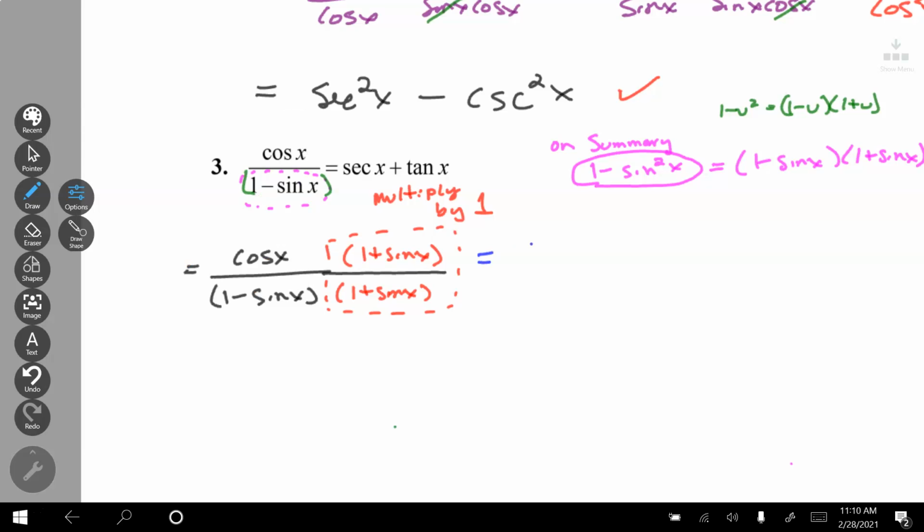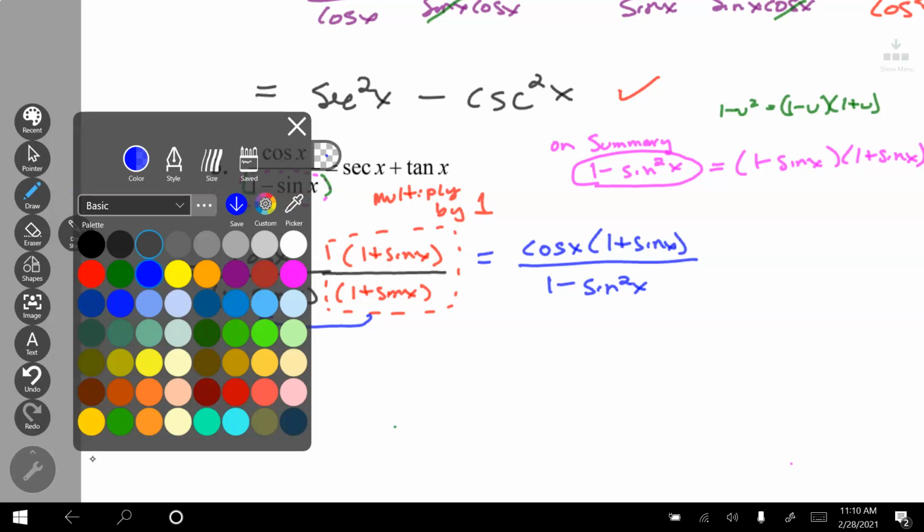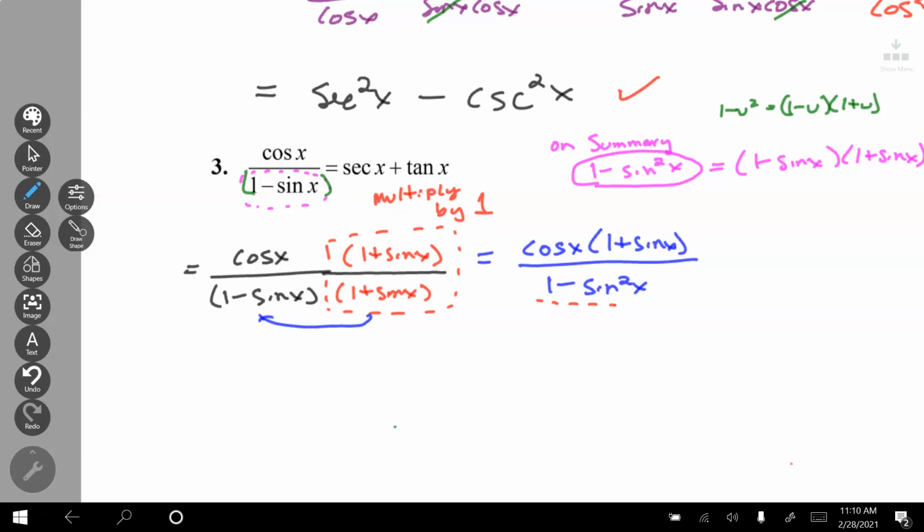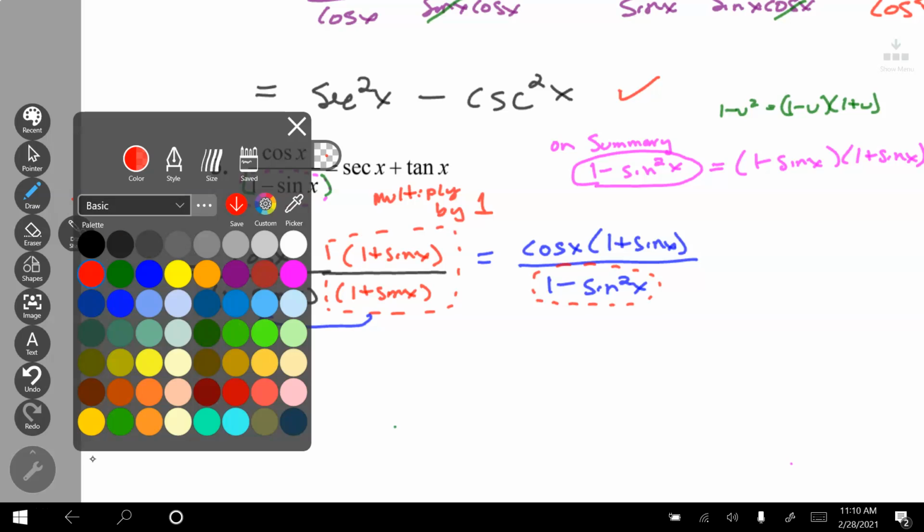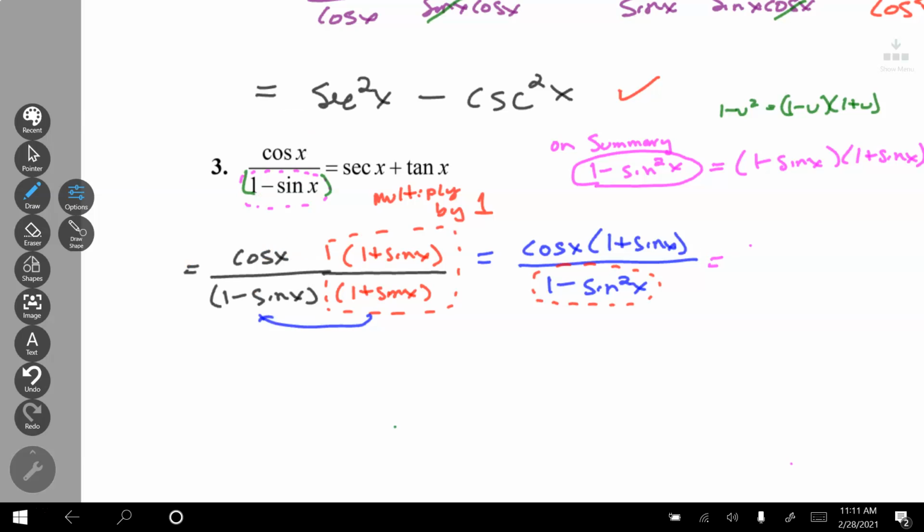I'm not going to rewrite the numerator. I'm just going to do cosine of x, don't forget your x, 1 plus sine of x, over, and now when I distribute this out, I get what I really wanted, that 1 minus sine squared of x. Because that's on that substitution sheet, that summary sheet. That I like. So I rewrite this, I get cosine of x, 1 plus sine of x, over cosine squared of x.